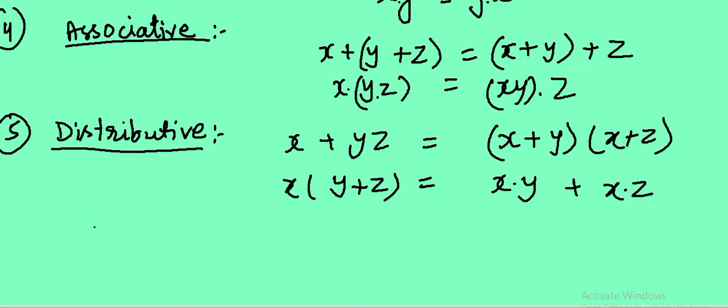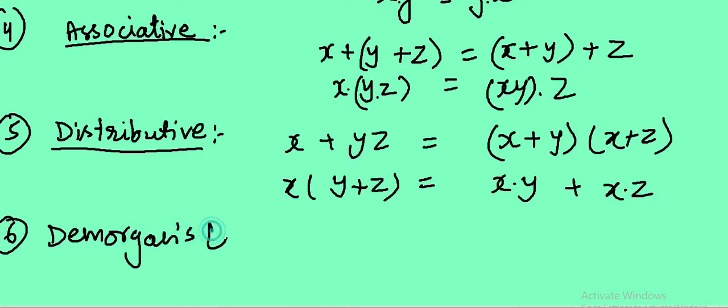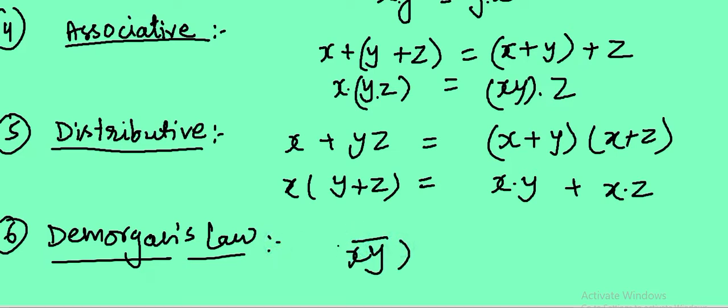Then the most important law is De Morgan's law. If I take the complement of x y, you can read it as the bar or complement of x y, it will be x complement plus y complement, because the dot is the AND operator between these two, so it becomes the OR operator.